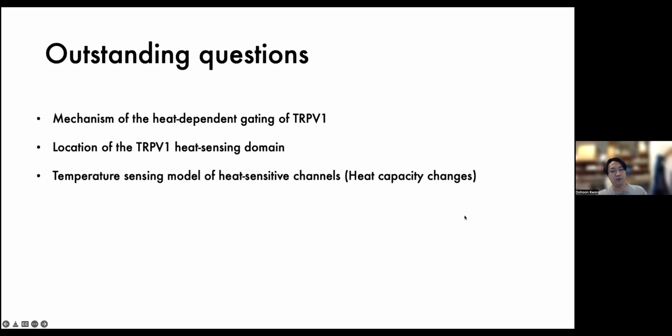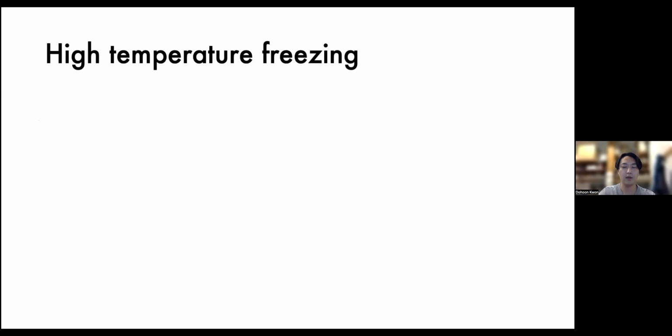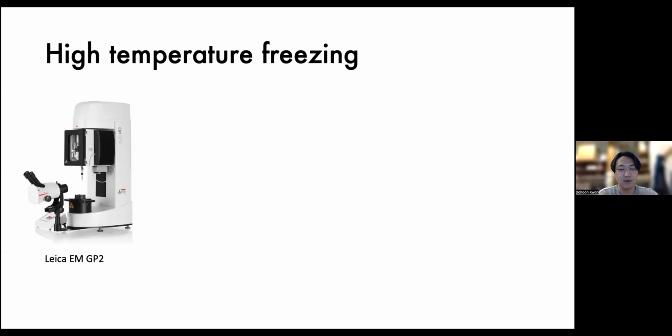So to address these questions related to heat-dependent gating, we developed a high temperature blotting method. As you already know, the general plunge freezing method is performed at relatively low temperatures, 4 degrees, 8 degrees, sometimes room temperature, right? But in the case of TRPV1, you can imagine, right?